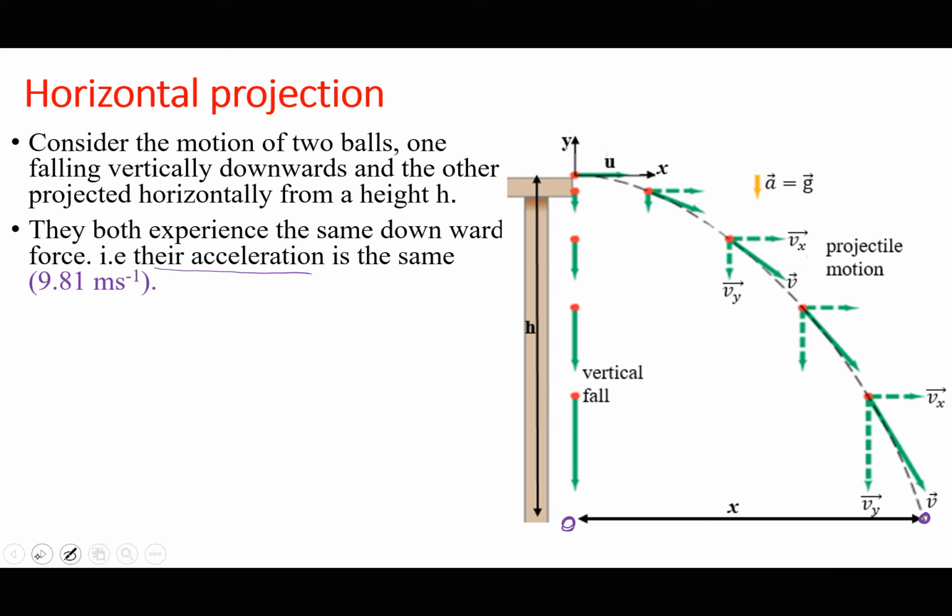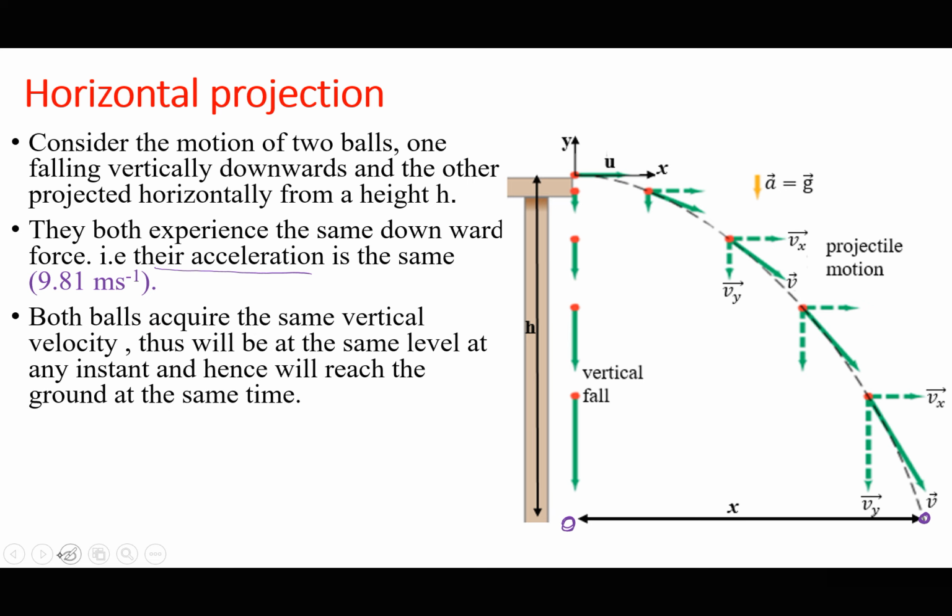So because both experience the same acceleration, if the two balls have the same mass and they're experiencing the same acceleration, after all, even the acceleration does not depend on the mass. So both the balls will acquire the same vertical velocity.